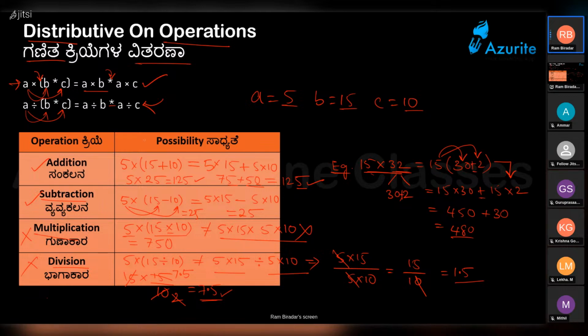So you have to check whether we can use it in division too. You have to do this as homework. Okay, understood? So we have to distribute it. We can write this one or this one. These two are both the same. So this can be written as this and this can be written as this.